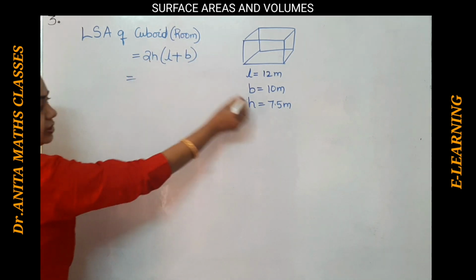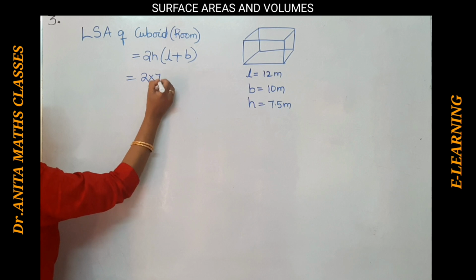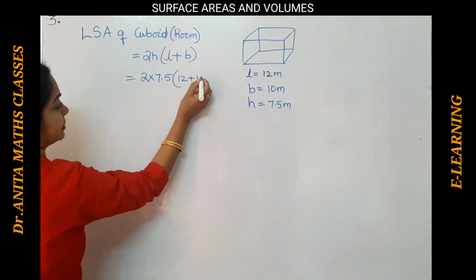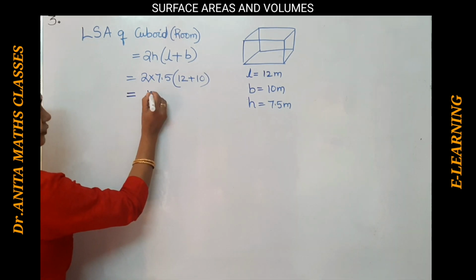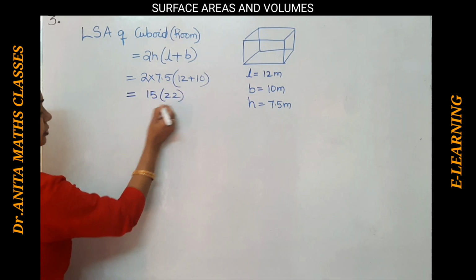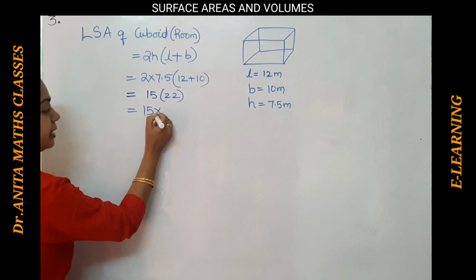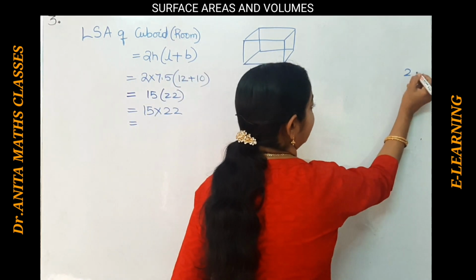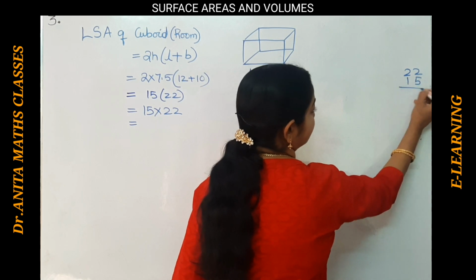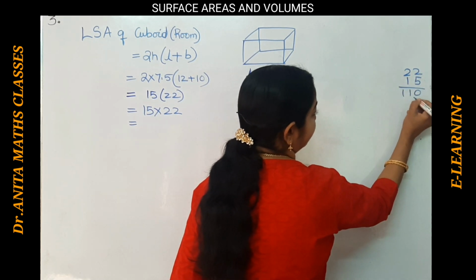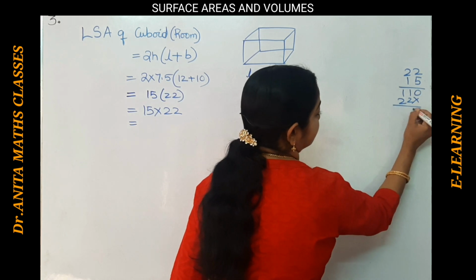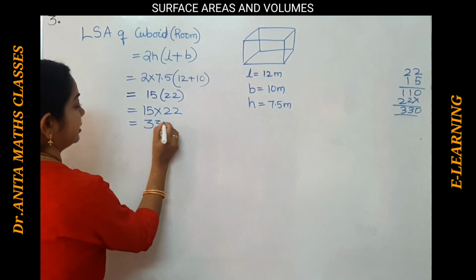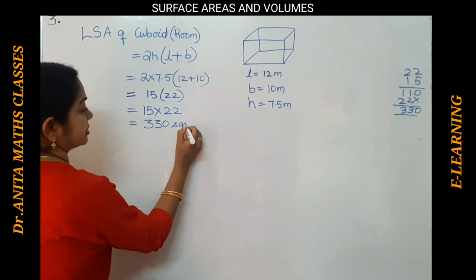So, we will substitute in that. 2 into 7.5, again L plus B, 12 plus 10. So this is 15 into 22. So we will do the calculation. 15 multiplied by 22. 5 2s 10, 5 2s 10, 11 and 22. So that is 330 square meters.